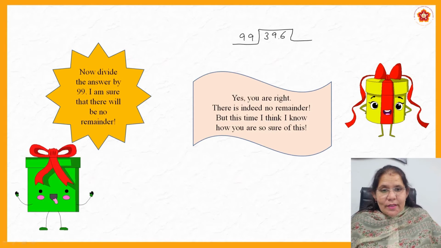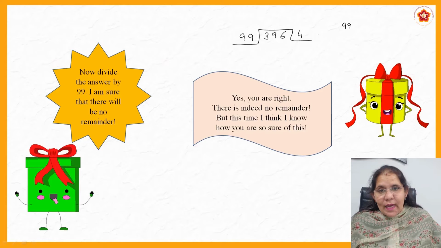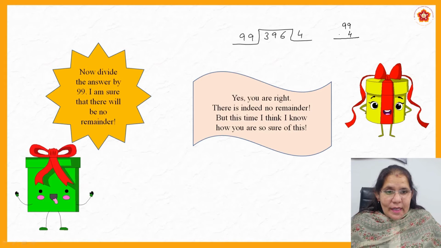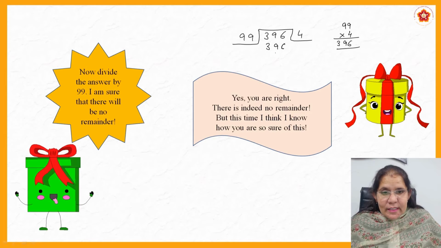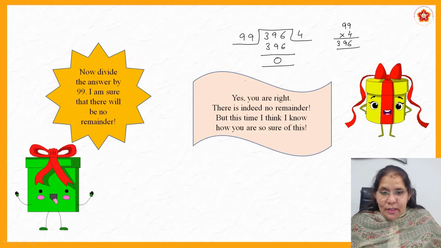When she was doing it, she tried 99 multiplied by 2, 99 multiplied by 3, 99 multiplied by 4. When she multiplied it by 4, she got 396. So the remainder is 0. Oscar said, yes, you are right. There is indeed no remainder.